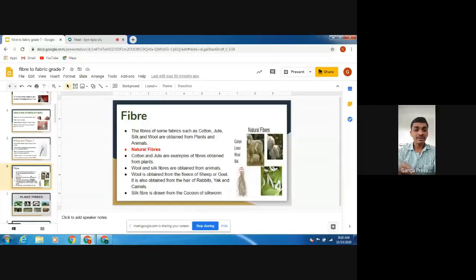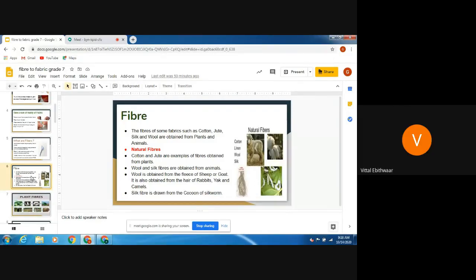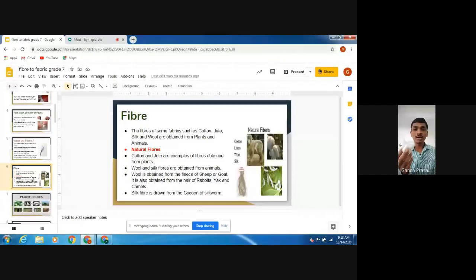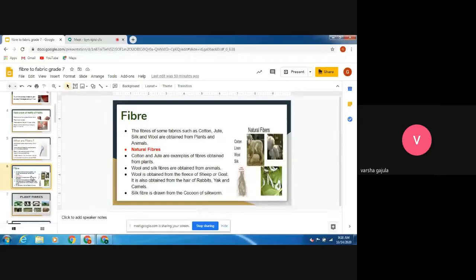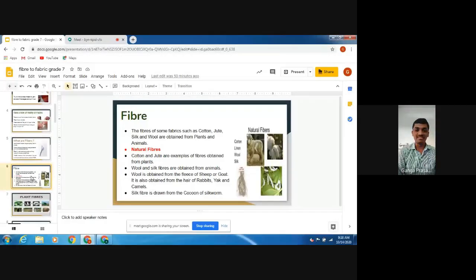Did you get my point? Are cotton and jute natural fibers or synthetic fibers? Natural fibers. The fibers which are obtained from plants and animals are called natural fibers.